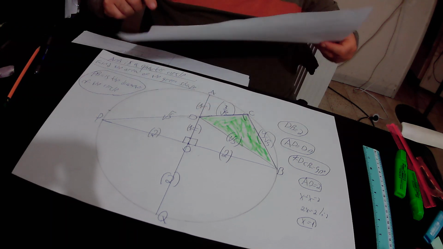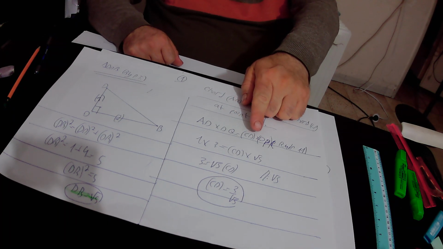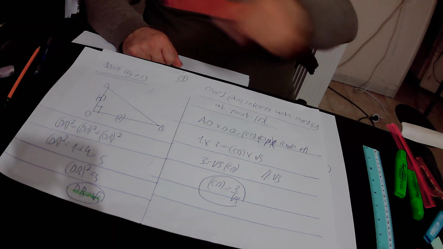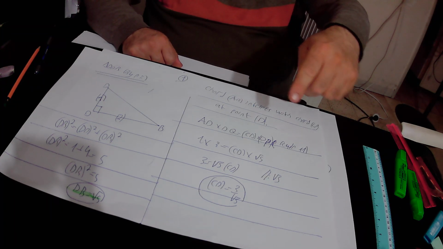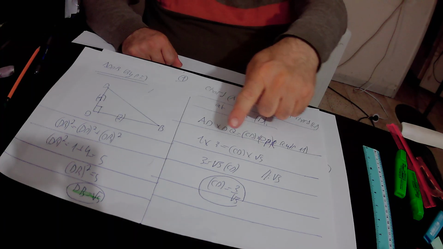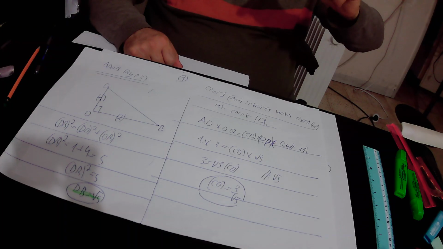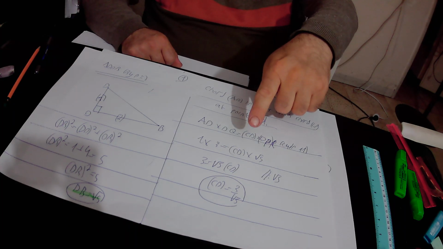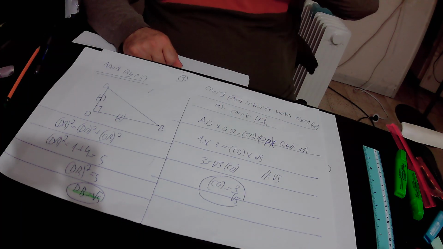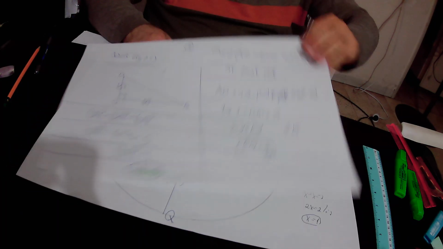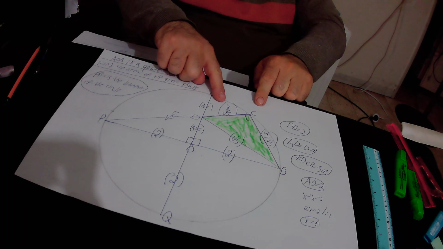So in total, according to rule 11, we find that 1 times 3 equals CD times square root of 5. 1 times 3 is 3, so 3 equals CD times square root of 5. Here we divided this equation by square root of 5 and finally found out that CD equals 3 over square root of 5. So actually, the missing side CD equals 3 over square root of 5 units in its length.